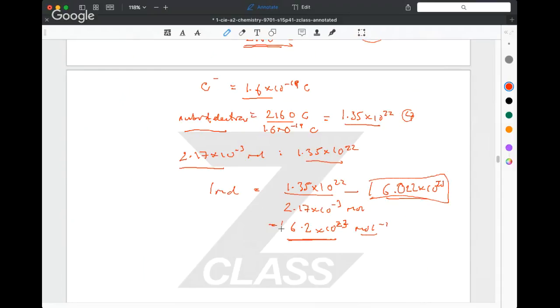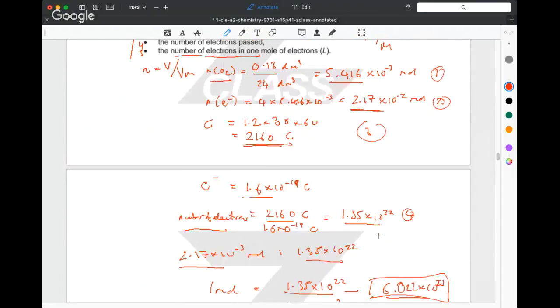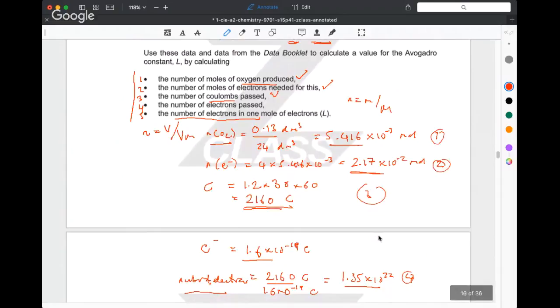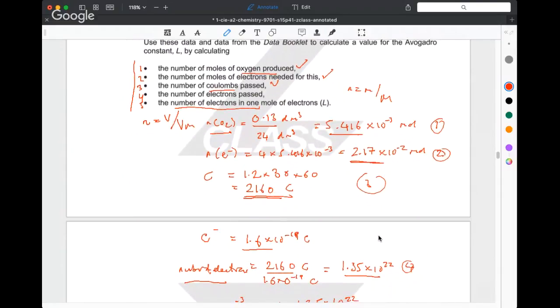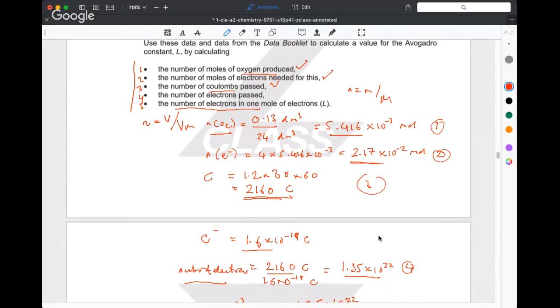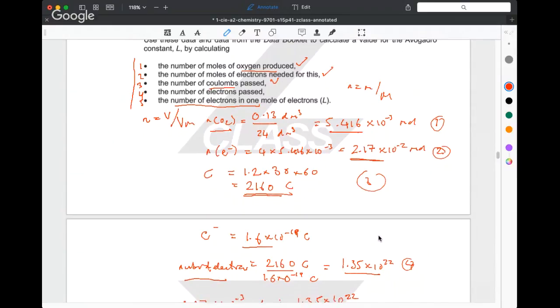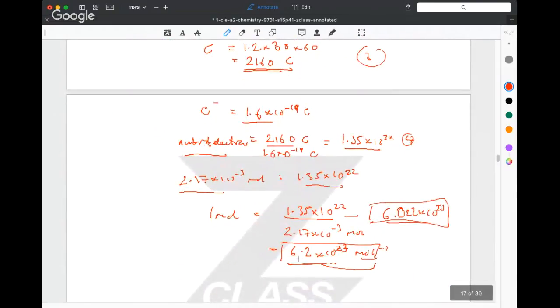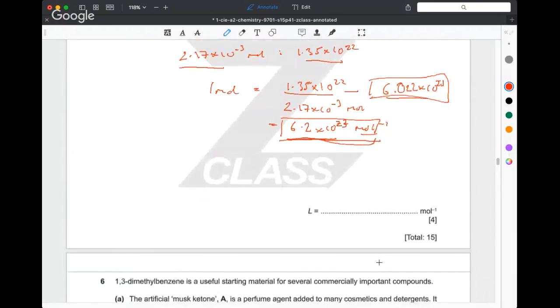So the examiner is giving you the marks to get that value down there. And so this sort of stepwise calculation of doing electrolysis, measuring the amps that pass over a certain amount of time and the amount of oxygen that's produced allows you to do this kind of calculation, and you work out an estimate for the number of electrons in a mole, which is the same as the Avogadro constant.